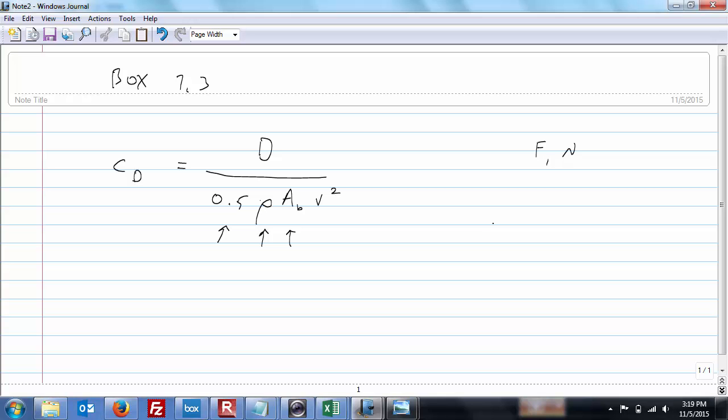Let's make sure we get this correct. So here's A sub B equals the chord length, or the chord times the length.